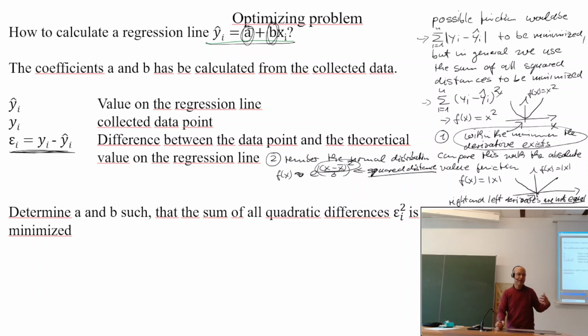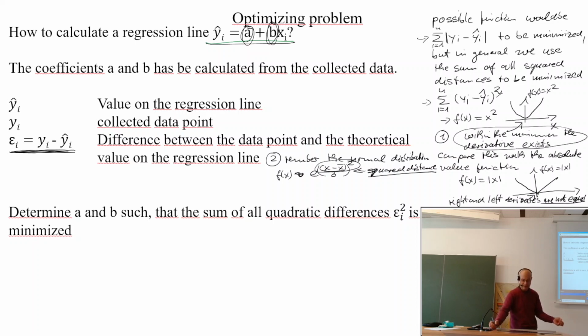And quite often we assume that these differences here can be more or less interpreted as the error we are still making when we have fitted a line, because not every data point is lying on this fitted line. And then, if we do not have any idea about the distribution, we quite often assume that these errors are normally distributed.